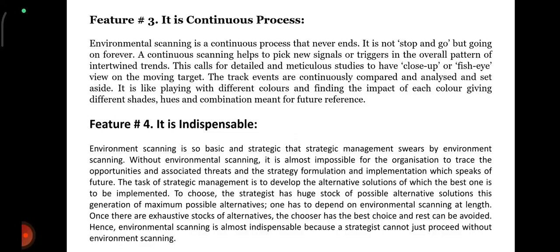It is indispensable. Why is it indispensable? Because environmental scanning is so basic and strategic that strategic management swears by environmental scanning. Without scanning, it is almost impossible for the organization to trace the opportunities and associated threats, and strategy formulation and implementation speak of the future.